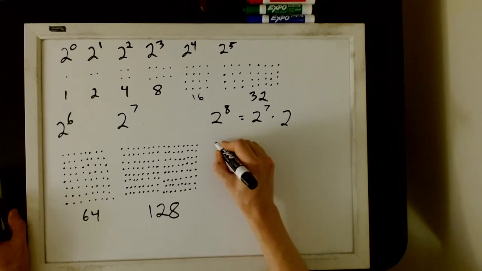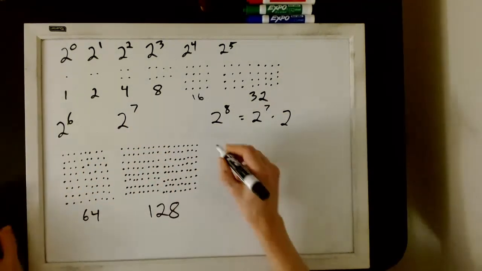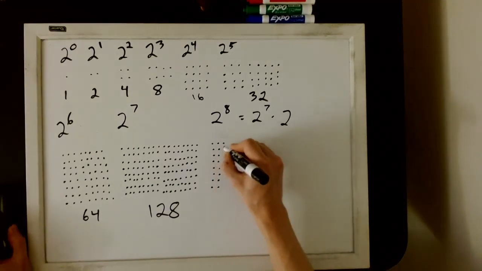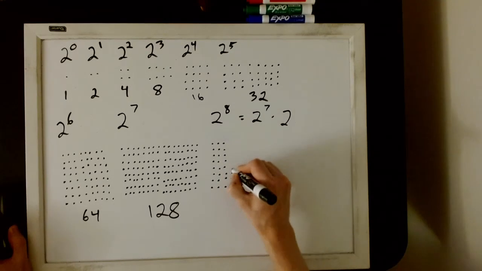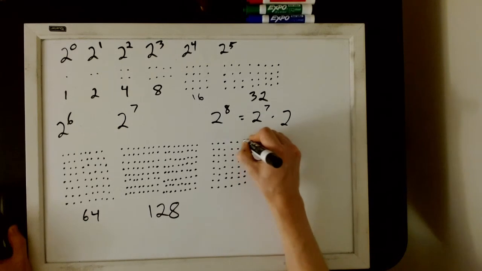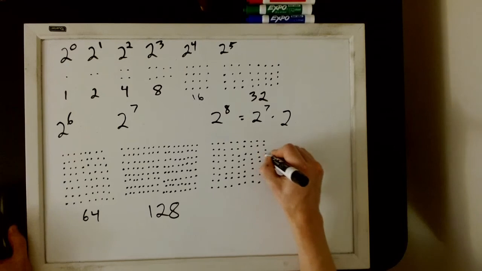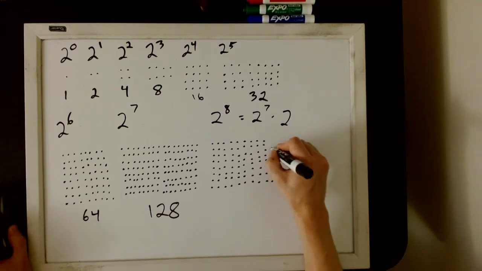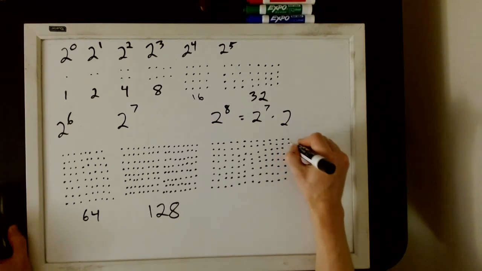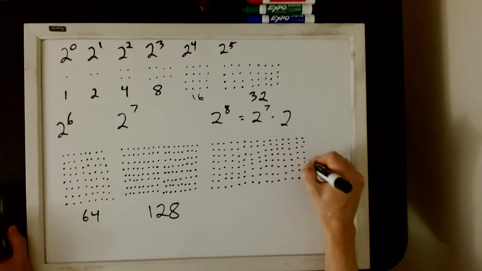This is 1. Let's be a little better than that. 4, 5, 6, 7, 8, 2, 3, 4, 5, 6, 7, 8, 9, 10, 11, 12, 13, 14, 15, 16.